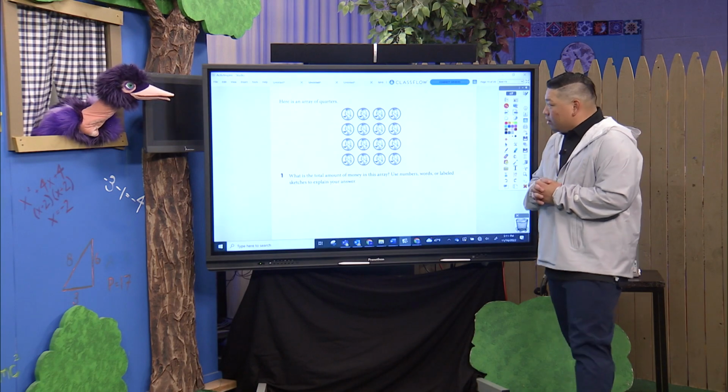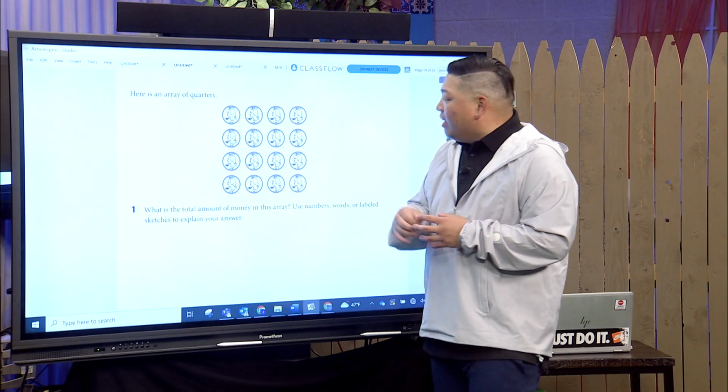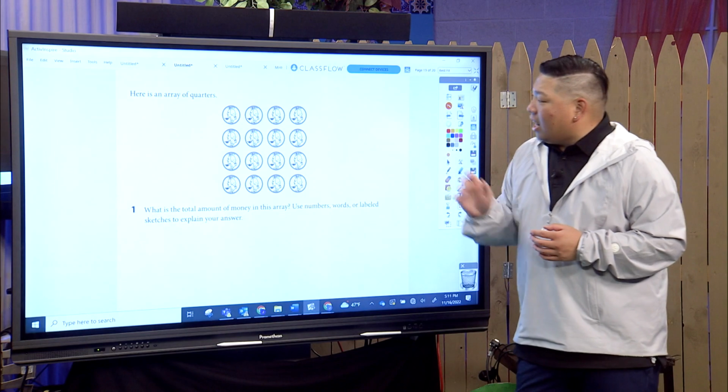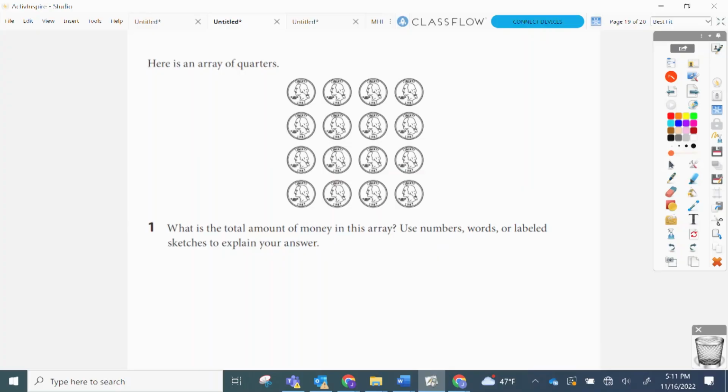Okay. So here is an array of quarters. Remember, an array is built like this with length and width, and we have equal numbers of rows and columns. What is the total amount of money in this array? All right. So let's go ahead and try to figure this out. What do you notice?